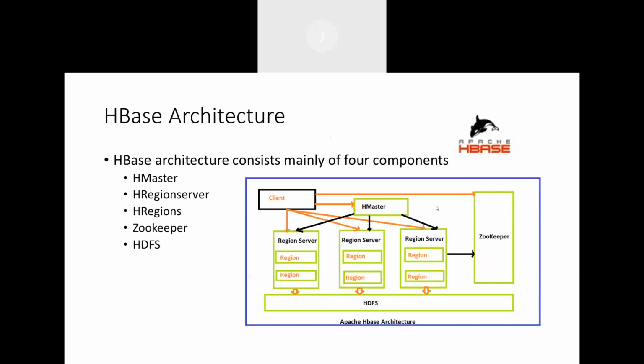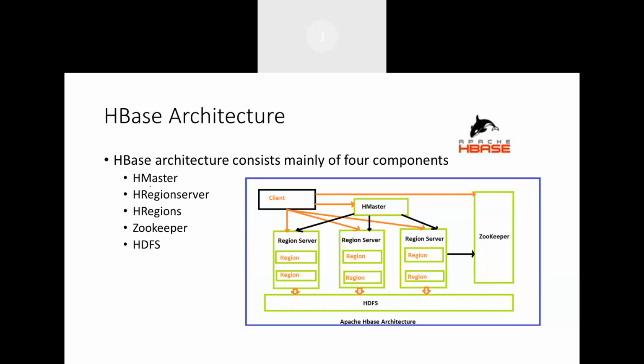Okay, then the architecture. It works on Hadoop or any distributed architecture itself. And similarly, since it is also a database architecture, it has more or less the same features as HDFS. It has a master, region server, regions, zookeeper, and HDFS.